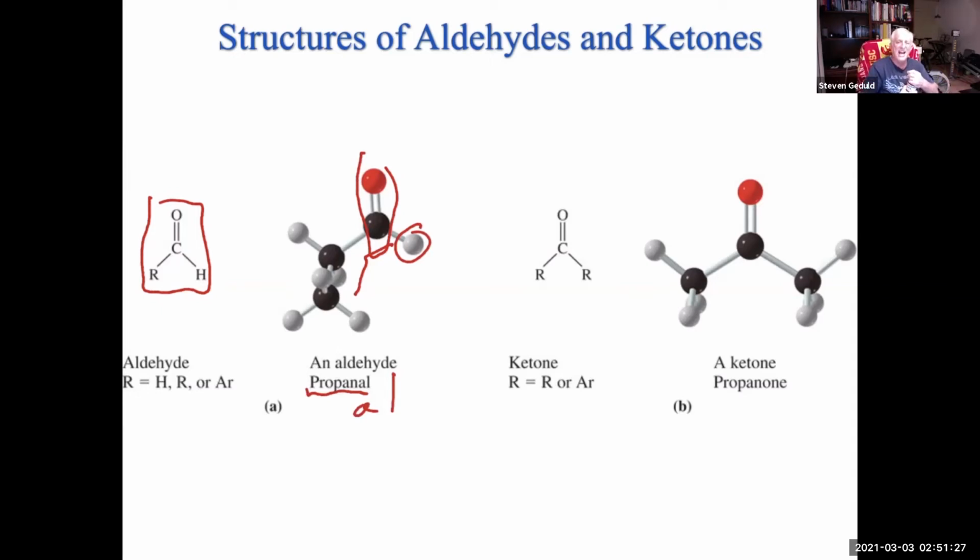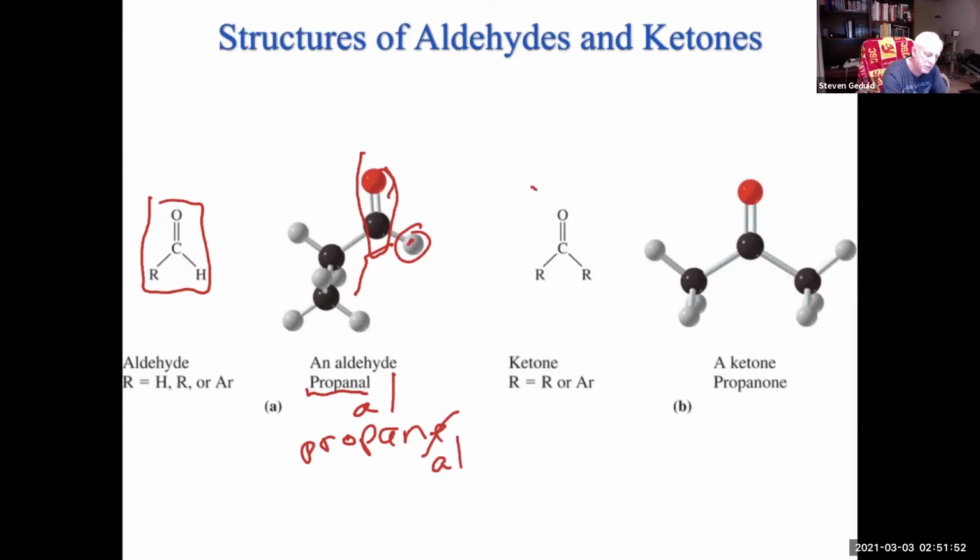Drop the E, add AL, it's an aldehyde. So in that example, there are 3 carbons, all single bonds between the carbon atoms, so it's propane. You drop the E and add AL for the carbonyl group that has a hydrogen attached.